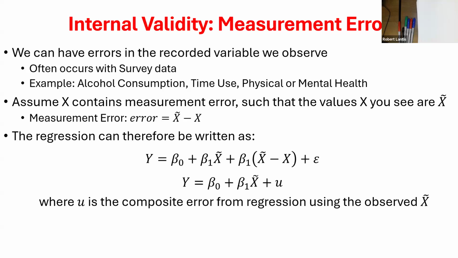My error term will be whatever the error would have been, plus the measurement error that existed in the misreporting of this data. So I can use the self-reported data, but my error term now, that difference between my actual Y and my predicted Y values, is going to be much larger than it was before, or, depending on whether people tend to under or over report, it would change whether or not the error is small or large. It changes the size of the error. So what that's going to do is screw with our statistical significance. Okay.